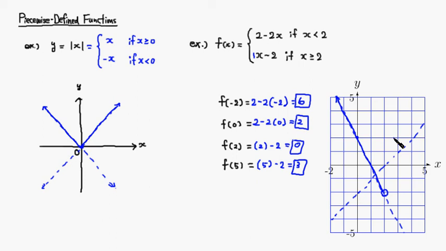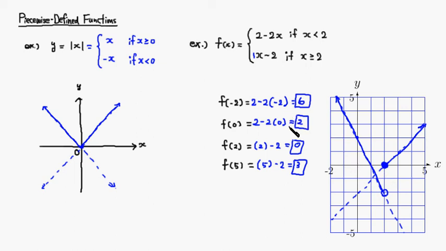We can keep this graph if x is greater than or equal to 2. So 2 is starting from here. Since there's equality, we put a solid dot here. Then we keep this portion of the line.